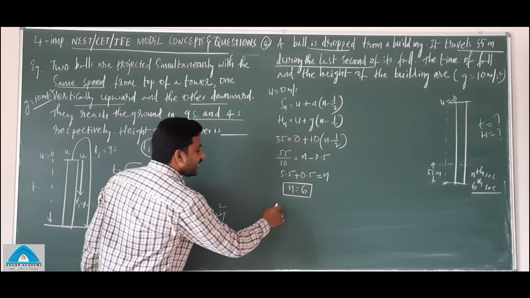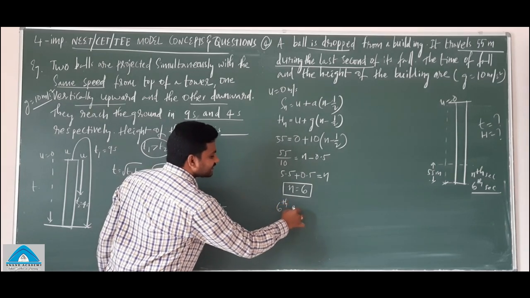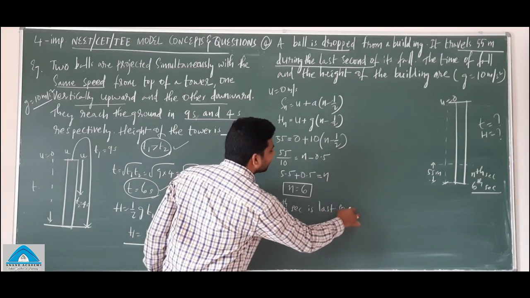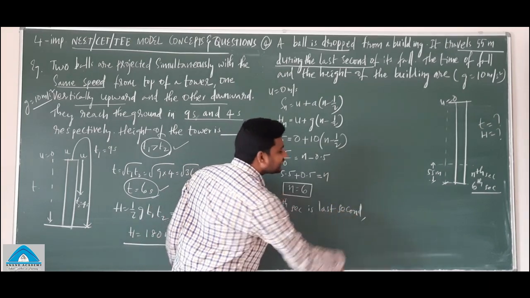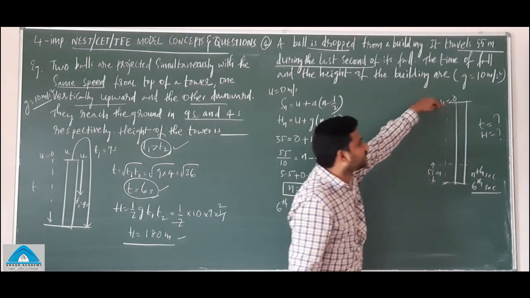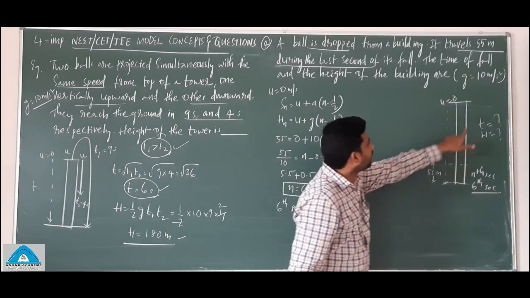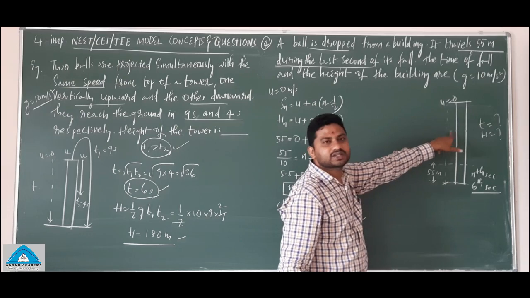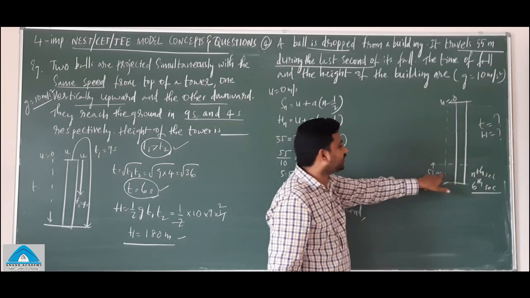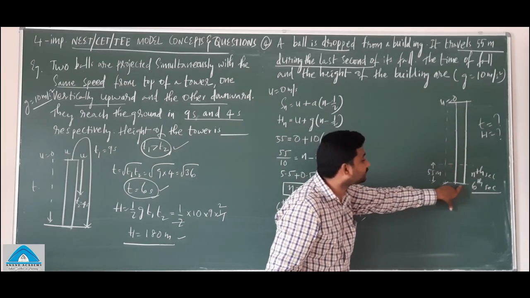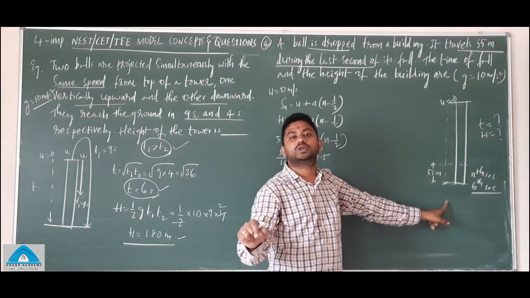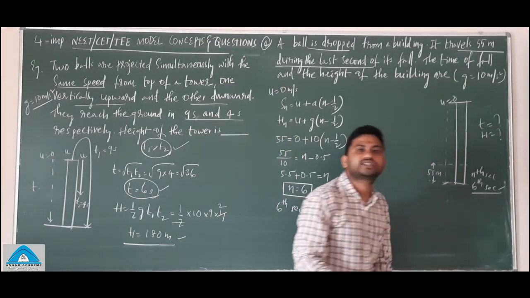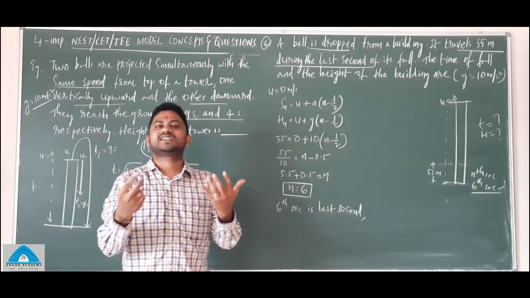Alright? As the 6th second is the last second, what is the total time taken by the body from here to here? In the first second we travel this much, second this much, third this much, fourth this much, and this is the sixth this much. After that it reaches the ground. That means what is the last second? Sixth second. What is the total time taken? 6 seconds.